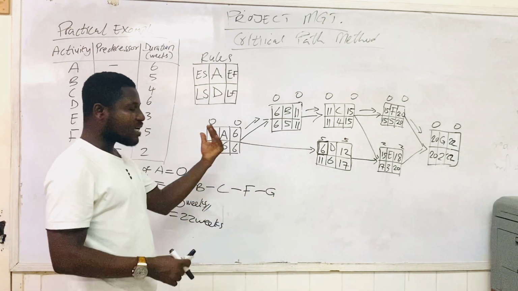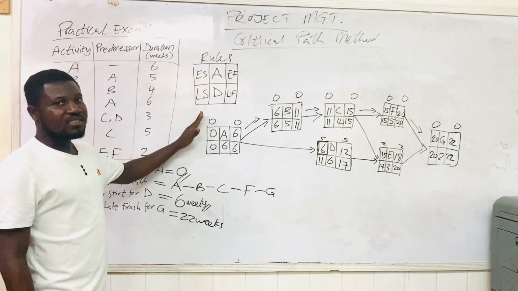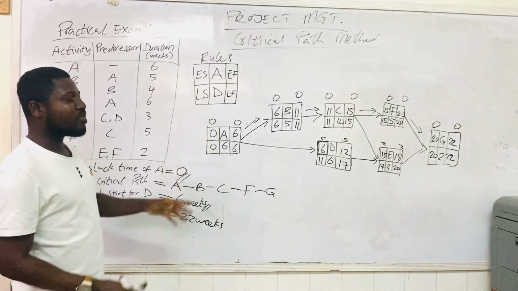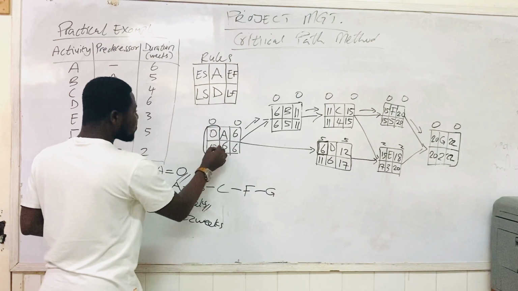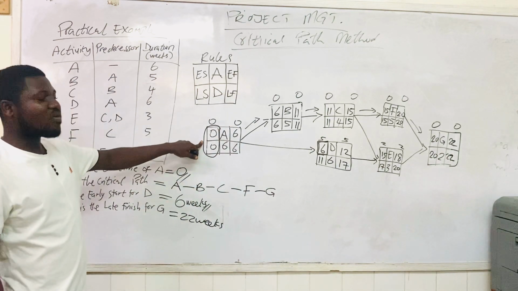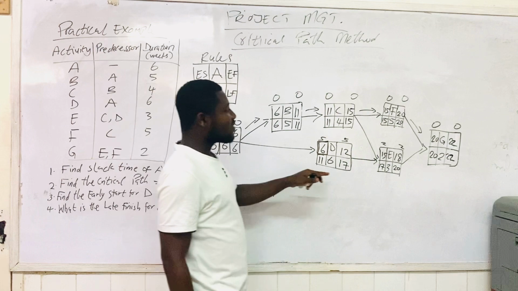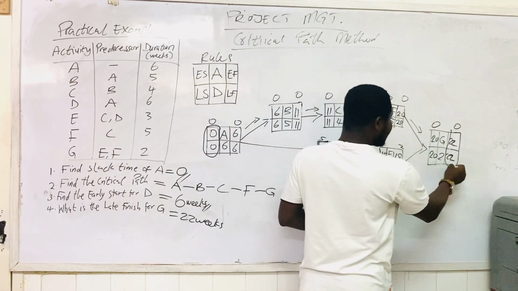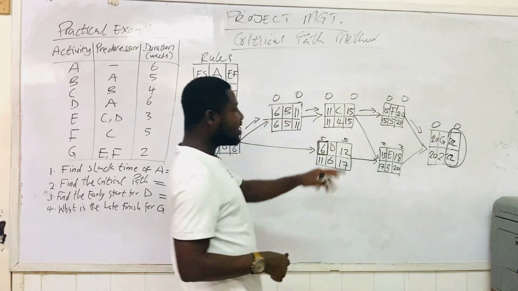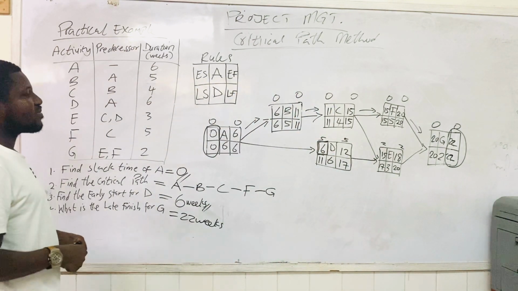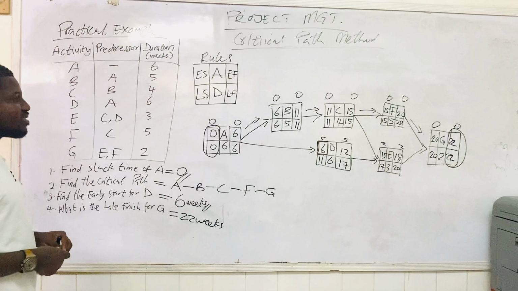Now the backward pass is the early start time or the late start time of the first activity, which is activity A. And so this one becomes the early start time of the entire project, and this becomes the duration of the entire project, or the late finish time of the entire project.